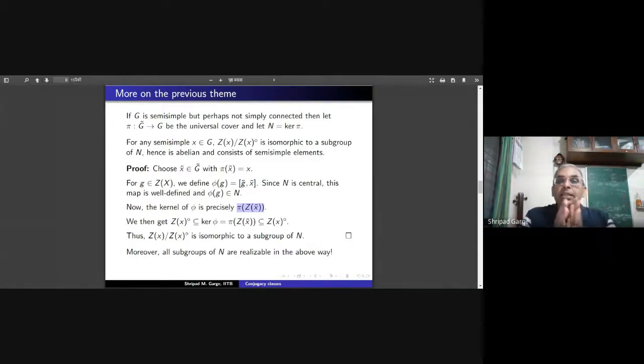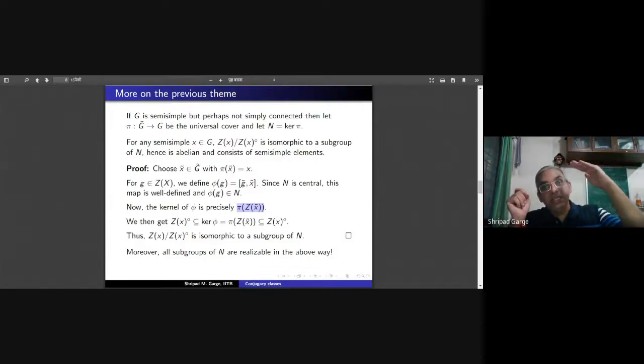Now, the centralizer of x tilde is a connected group because G tilde is simply connected, and x tilde is semi-simple. Remember that when you are looking at these maps, x tilde has to be a semi-simple element. So x tilde is a semi-simple element in the simply connected group.